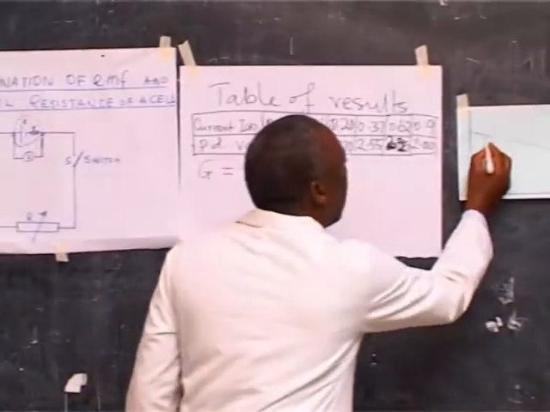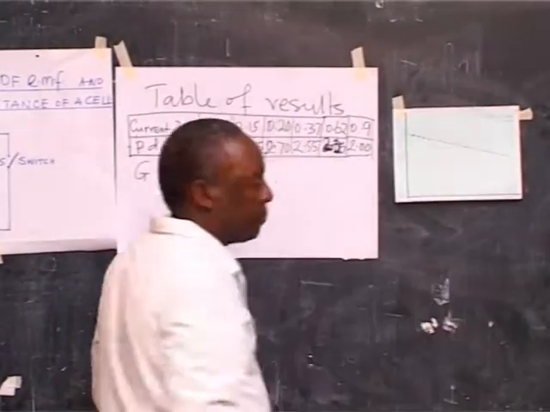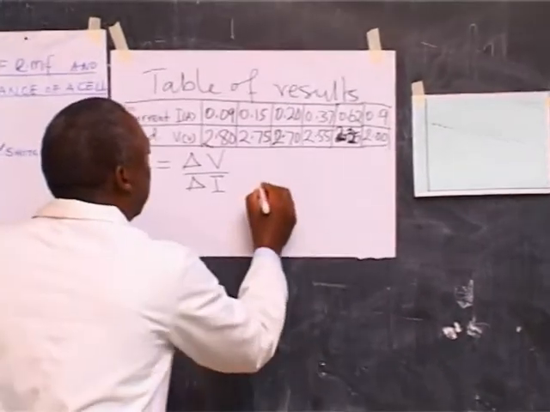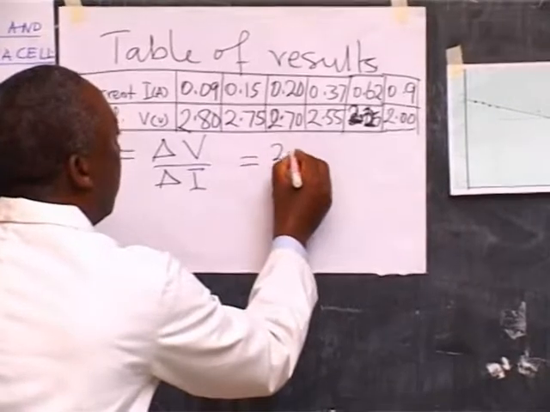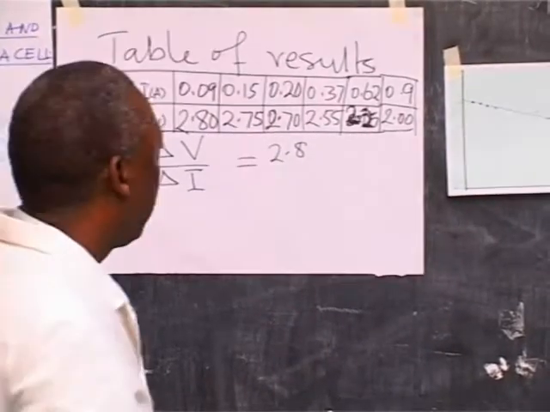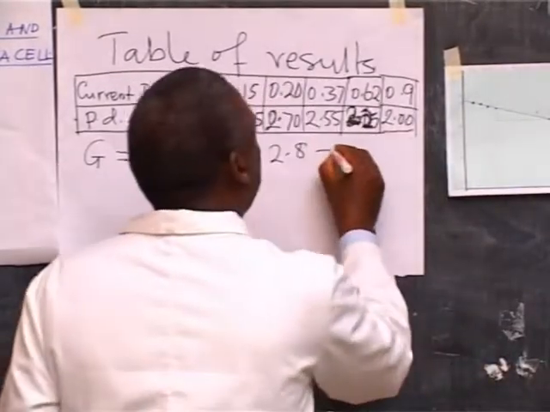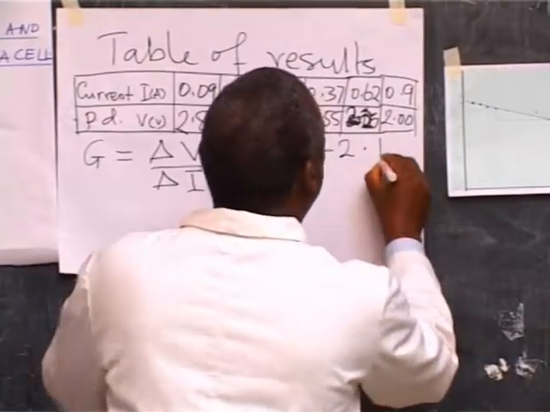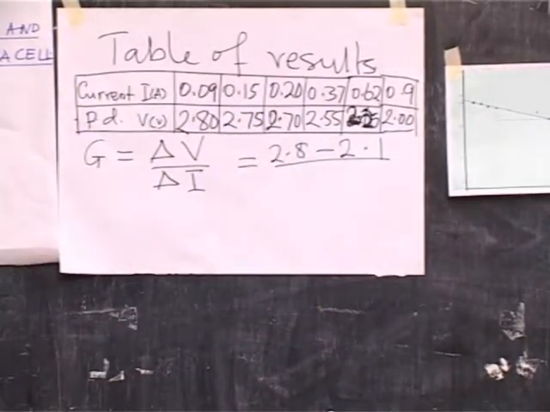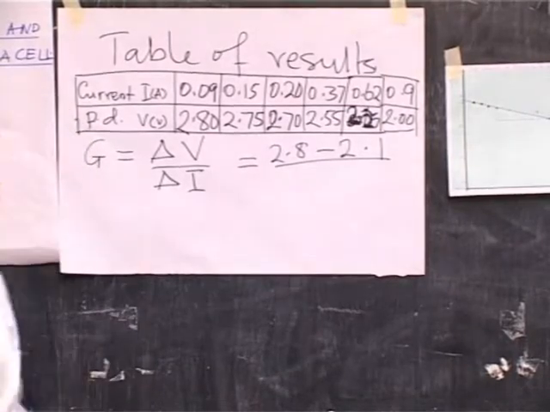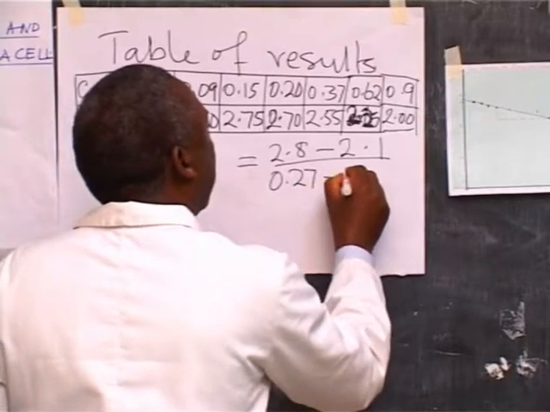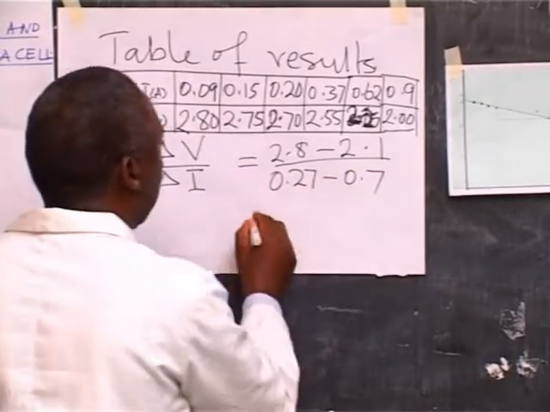As we have seen here, it is 2.8 minus 2.1 over 0.27 minus 0.7.